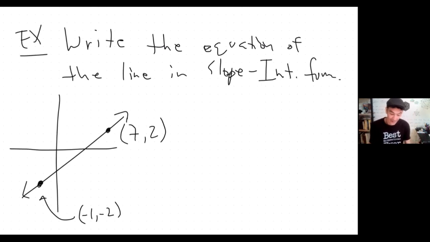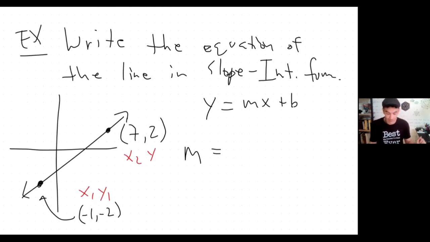So what's the goal? We want the equation of this line in y equals mx plus b form, where m is the slope, b is the y-intercept. So first find the slope m, like you did in the warm-ups. It doesn't really matter which points are which. You could call this x1, y1, x2, y2, or vice versa. You'd get the same slope. So our slope would be 2 minus -2 over 7 minus -1.